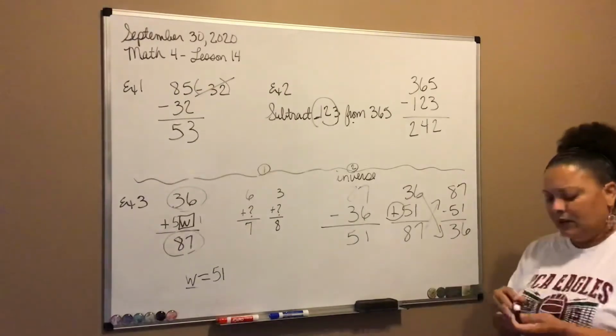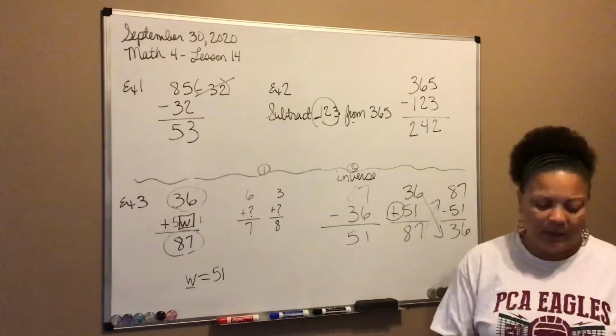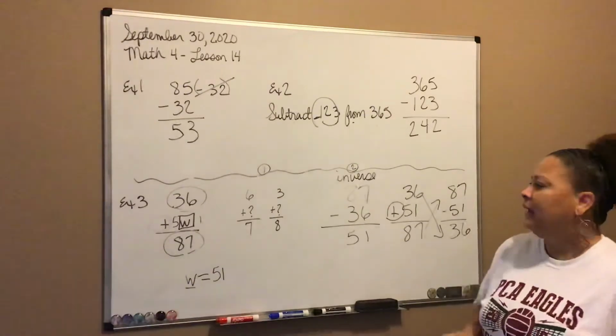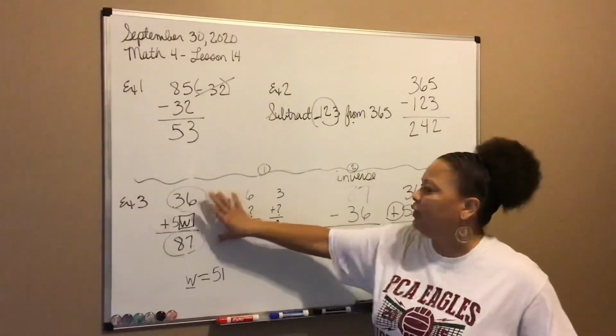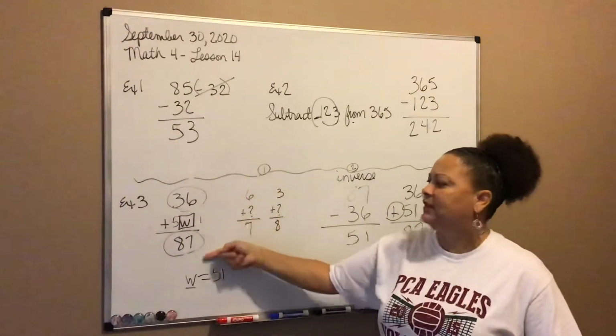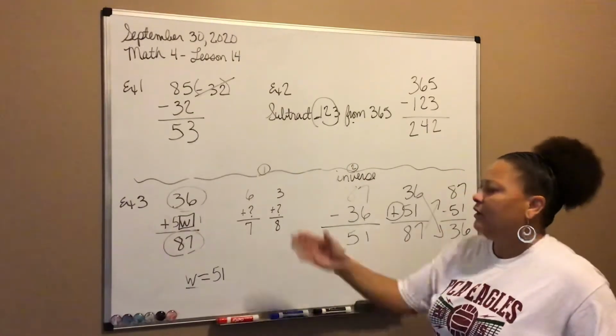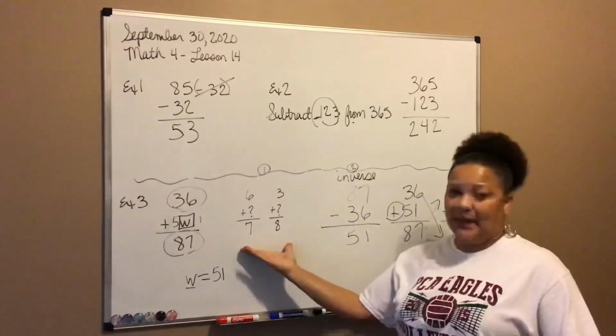All right. So that's just giving you more than one way to work a problem, guys. I know that it's a lot of information. If this works better for you, just to do it and calculate this way, what number plus 6 gives me 7, what number plus 3 gives me 8, you can do it that way. Sounds like it might be simple.